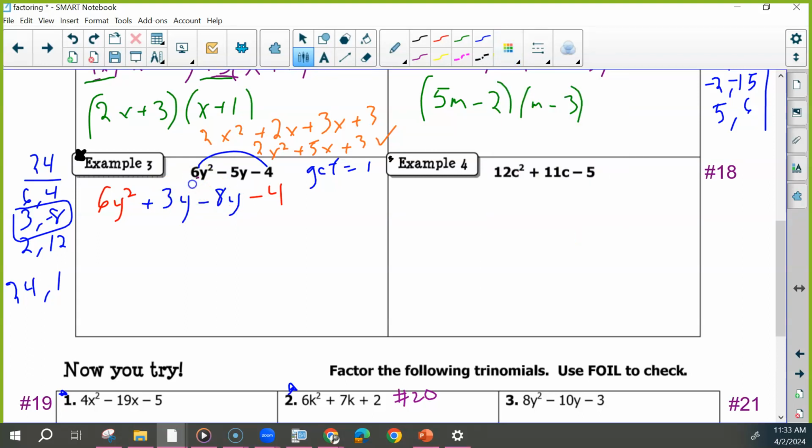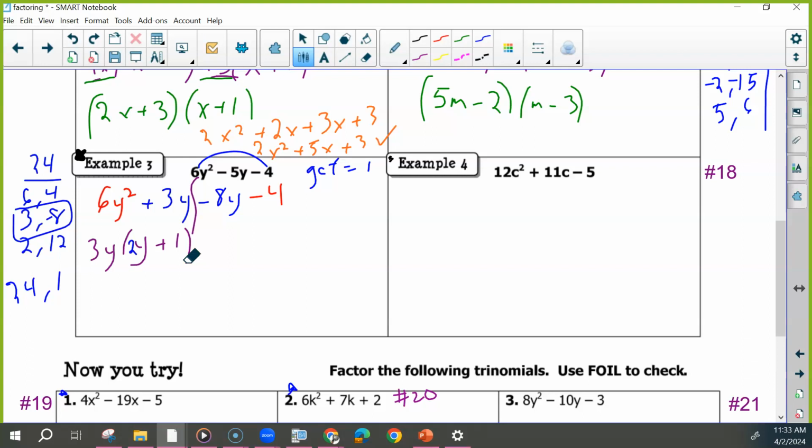Find the GCF. What would that be of the first two? 3y. What would be left? 2y plus 1. Okay. And then of the last two? On the inside, that's what that'll be.